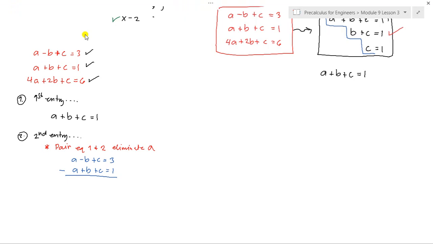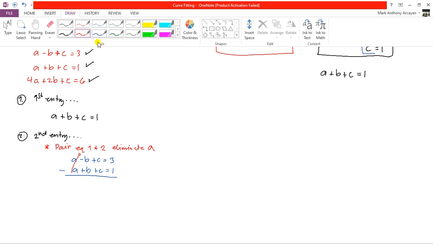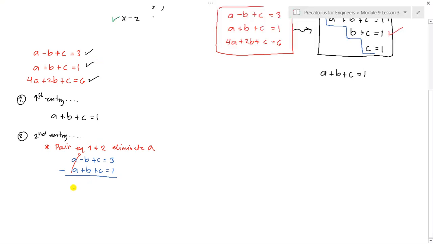A minus A cancels to 0, negative B minus B is negative 2B, right? This becomes negative 2B. Then C minus C, how much? C minus C cancels. So plus 0 is equals to 3 minus 1, that is 2.